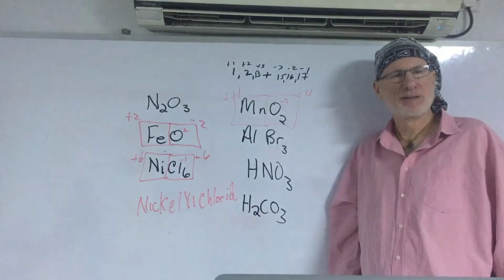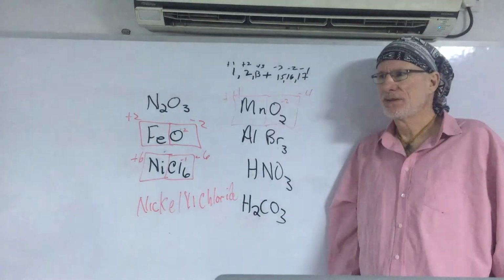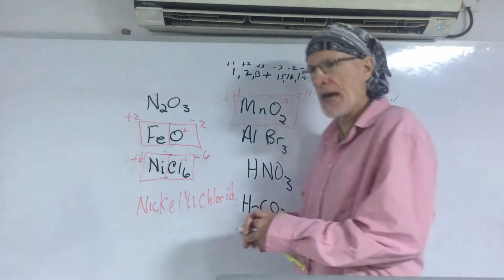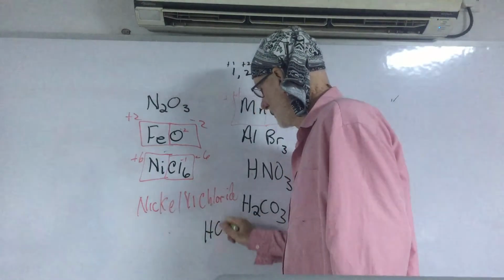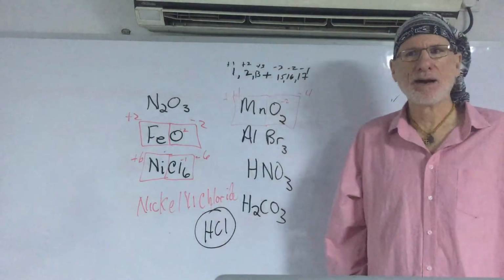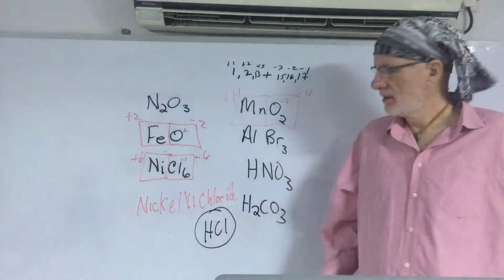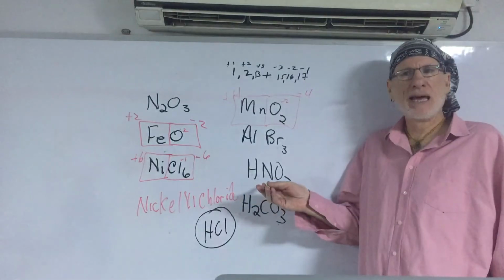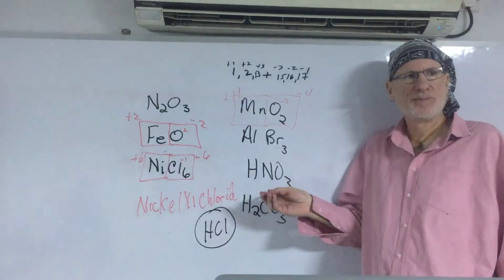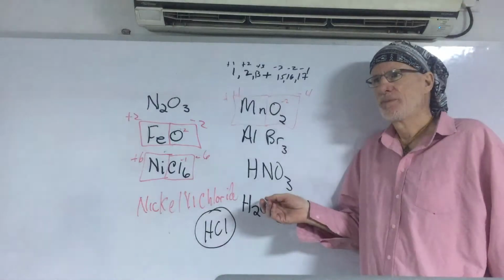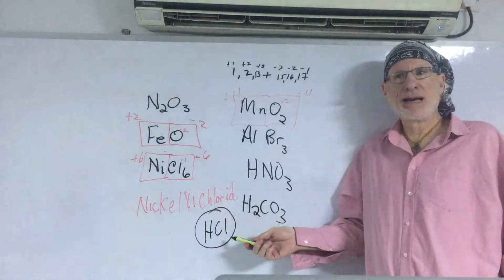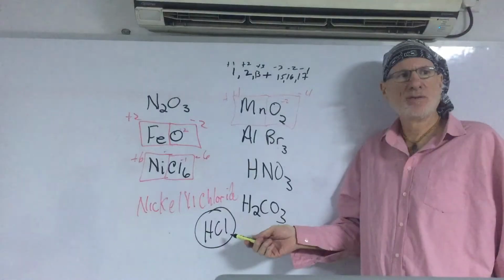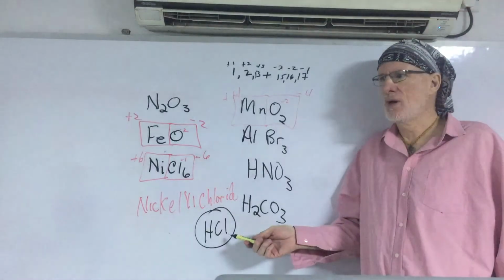Ate becomes ic: carbonic acid. And we'll end with this bonus problem. Binary: hydrochloric. When you name a ternary acid, no prefix, and ate becomes ic. For a binary acid, hydro, and then ic. They're all ic. Hydro, ic.